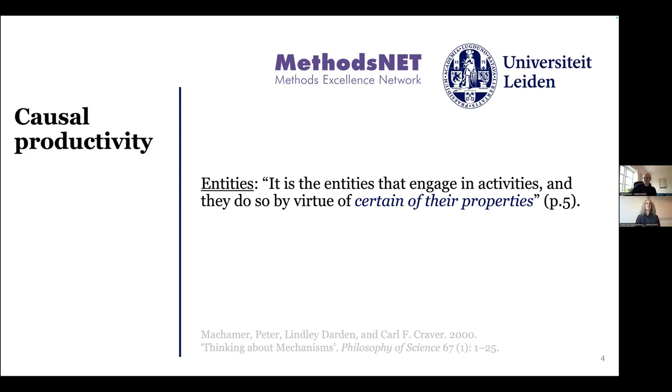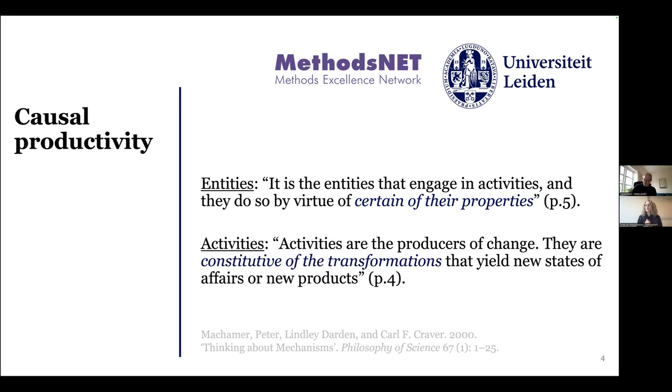So entities in this case are the things, the people in our case very frequently, could also be groups or communities that engage in activities, and they do so by certain of their properties, right? So we'd expect those entities to have certain properties that allow them to engage in certain activities. Activities then, quite simply, are the producers of change.